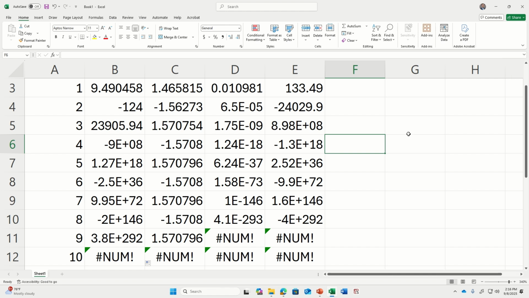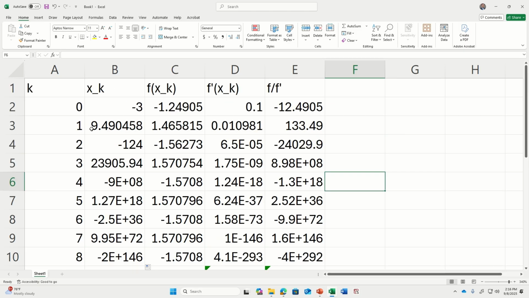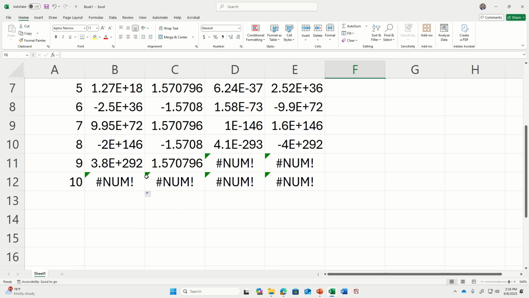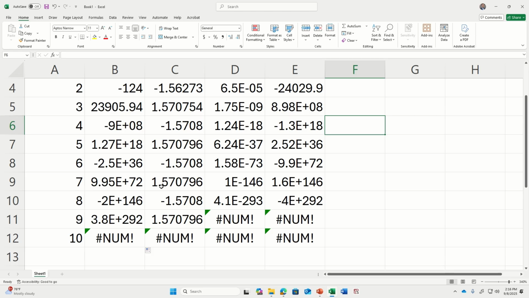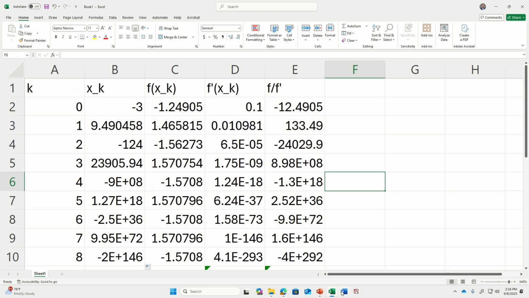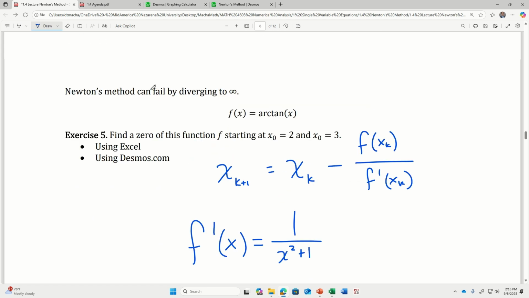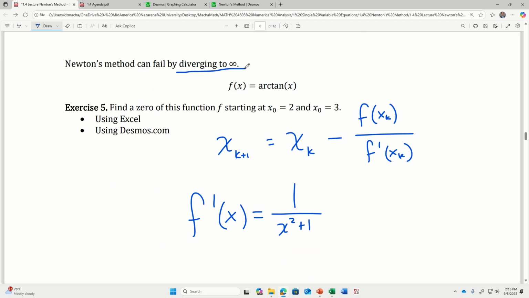My iterates that are in column B here go from starting as negative 3 to 9.49 to negative 124 to 24,000, and then a very big number. And then it gives up because you run out of representable double precision floating point. So this is what we say Newton's method can fail by diverging to infinity. It just can't seem to find the zero, even though it's supposed to.